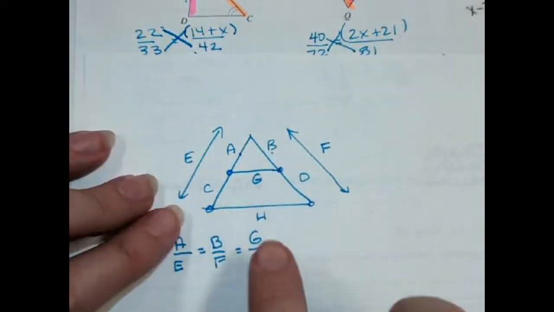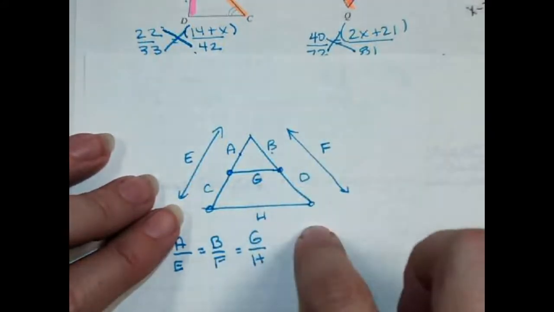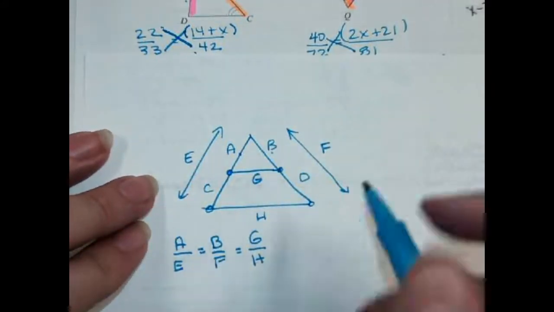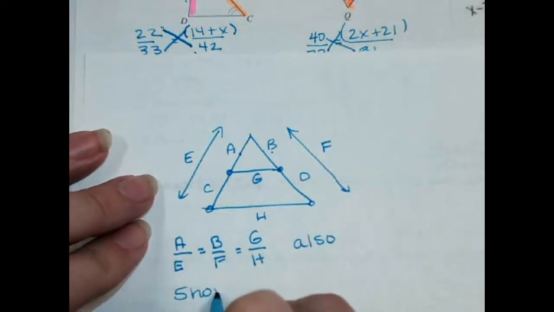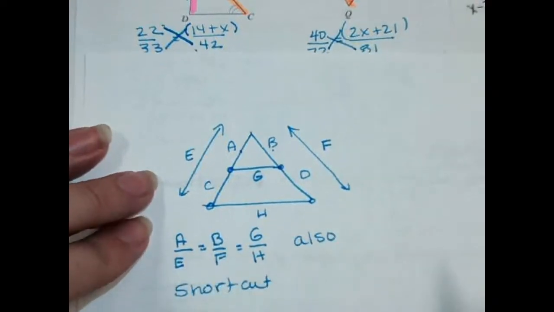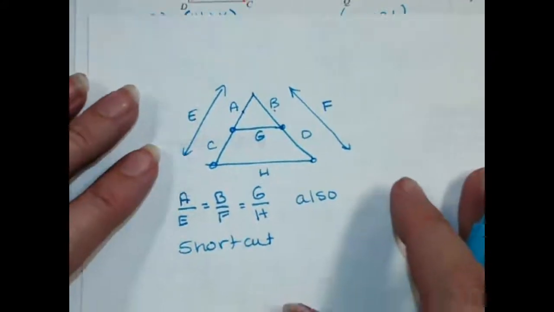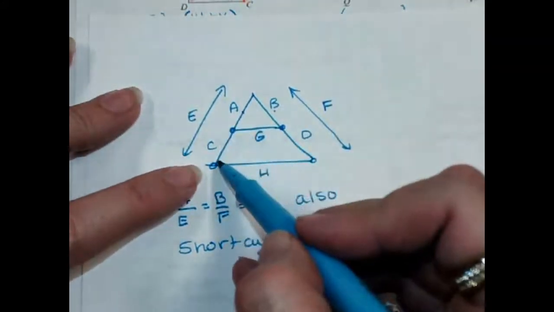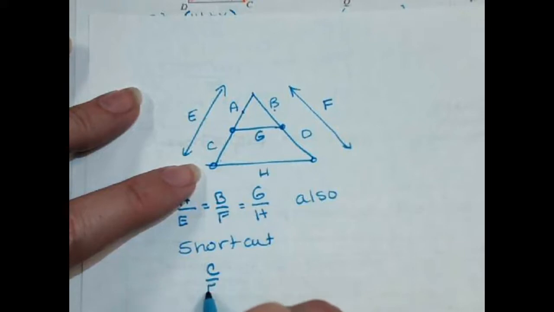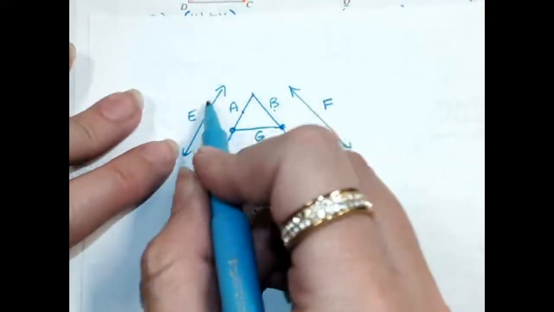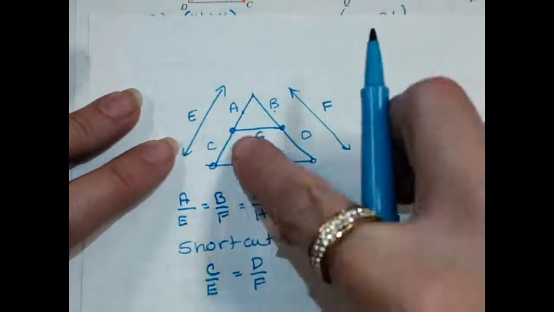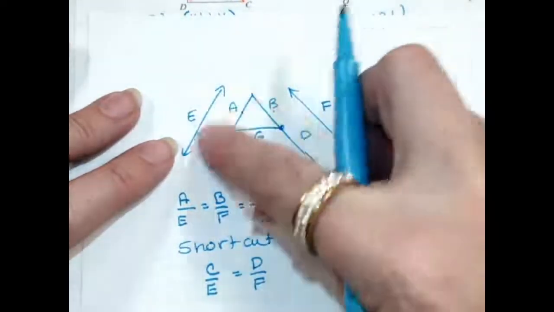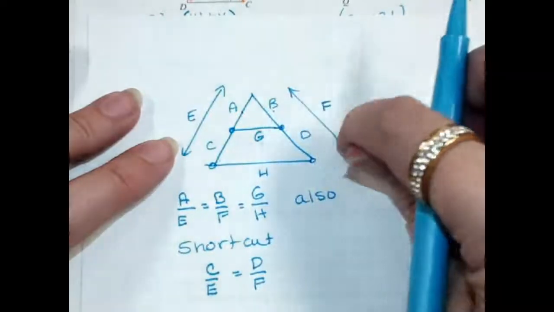But on these kind of triangles where they overlap like this, I can also do an extra one, which is a shortcut. So here's our shortcut. I can do C goes with E, this part here goes with E, like D goes with F. So that's this small part here goes with the whole thing, and this small part here goes with the whole thing.